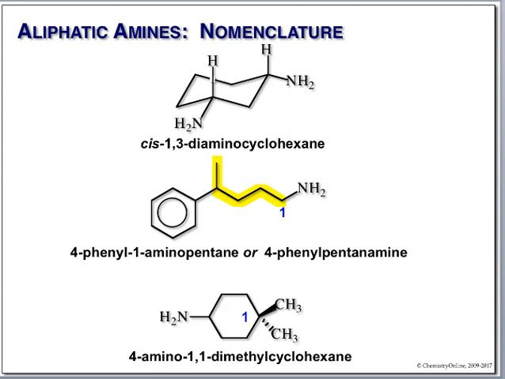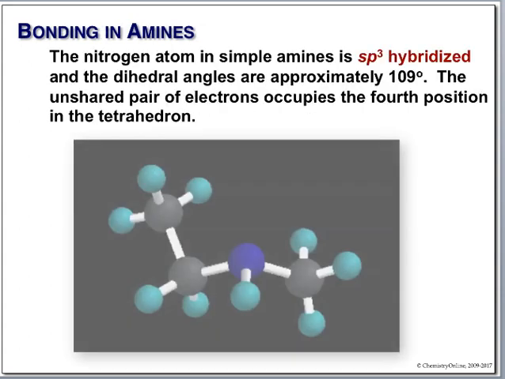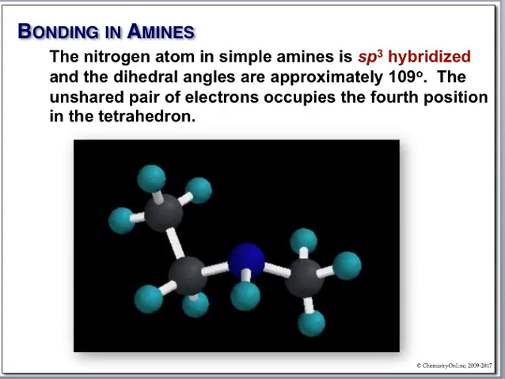That means that nitrogen is going to be tetrahedral. If we look at an amino compound, the fact that this nitrogen is tetrahedral means that this would kind of look like this. Again, it's tetrahedral. The fourth position is our electron pair that's up here.